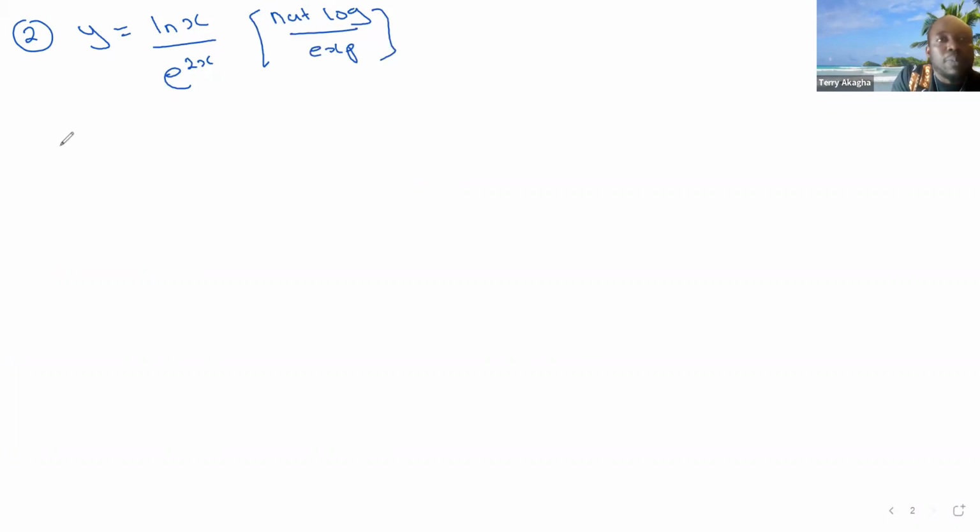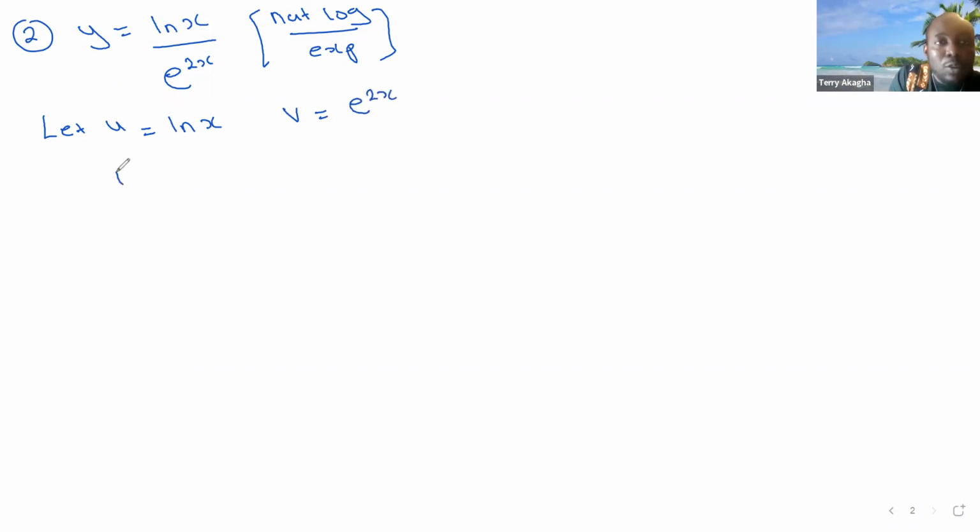The same thing you do: let u be equal to ln x, and then v is going to be equal to exponential 2x.